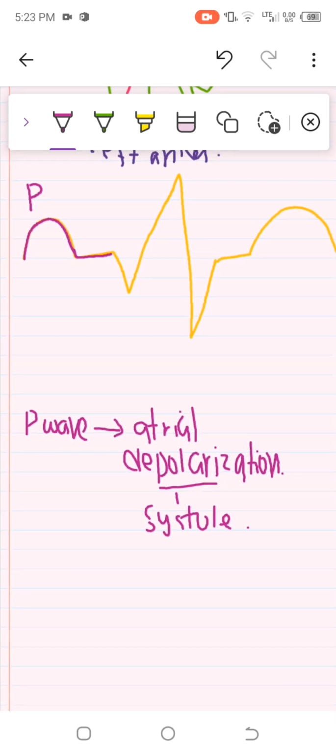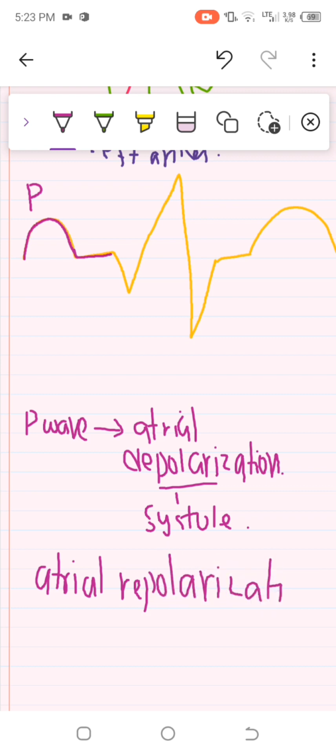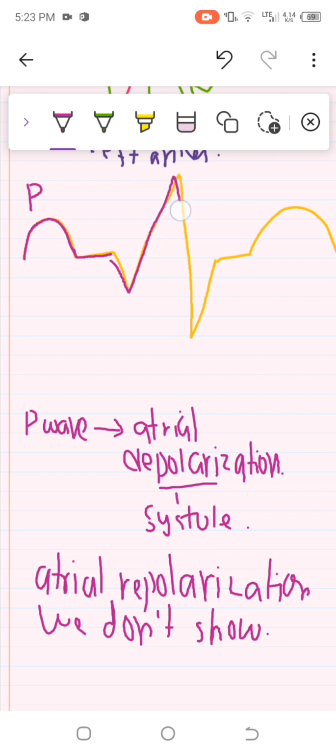This atrial repolarization wave we do not show just because here we have one big wave that is QRS. So when this QRS wave occurs, atrial repolarization just gets hidden.